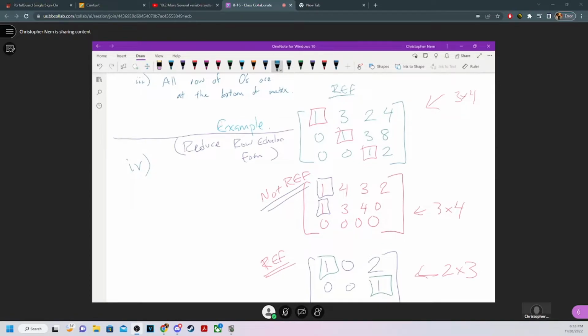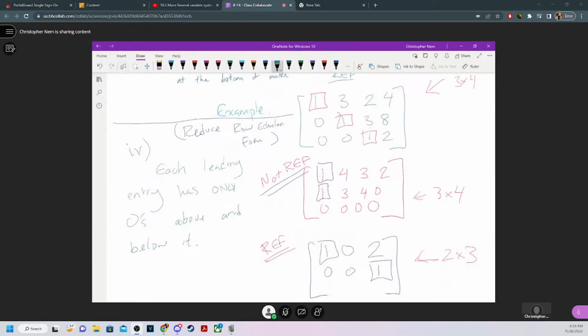To be in reduced row echelon form, you need the first three, but additionally, you need each leading entry to have only zeros above and below it. Every time I have a leading entry, the only numbers that can be above and below it have to be 0.